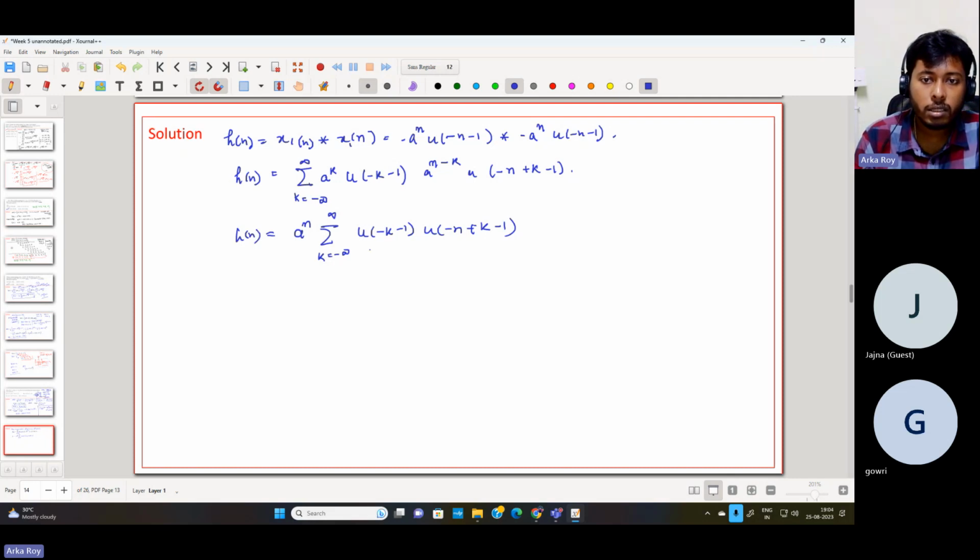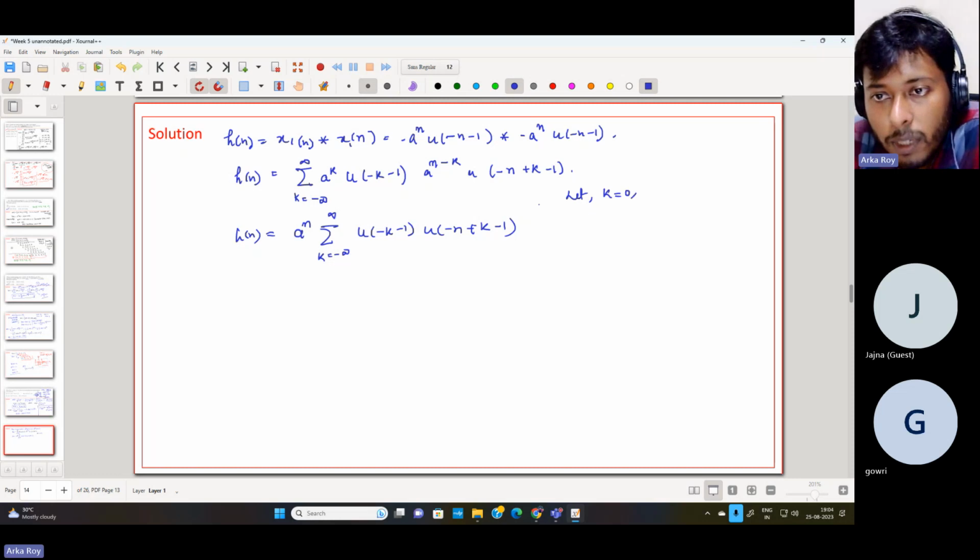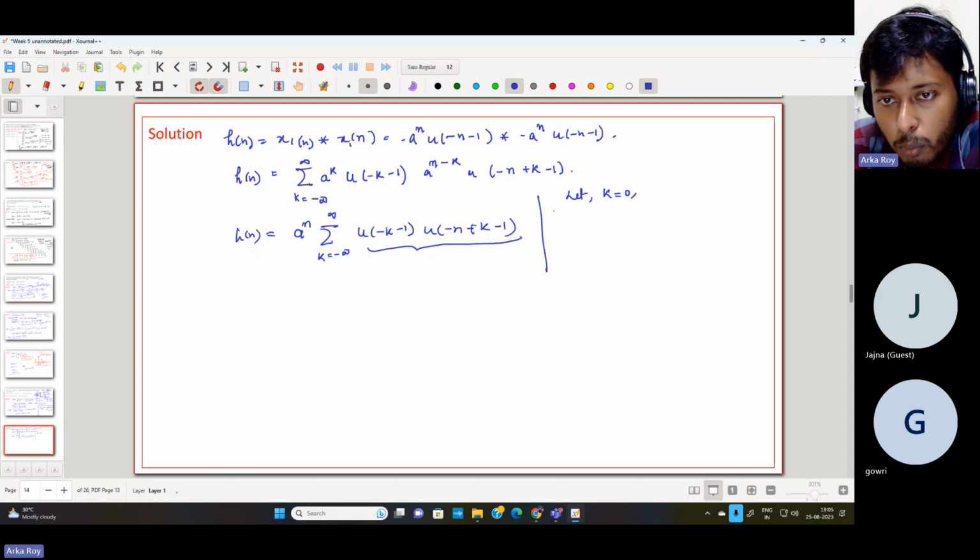Now we need to find the resultant of this multiplication. Let's just consider the case of k equals 0. When k equals 0, I have to see what is happening inside this summation argument.